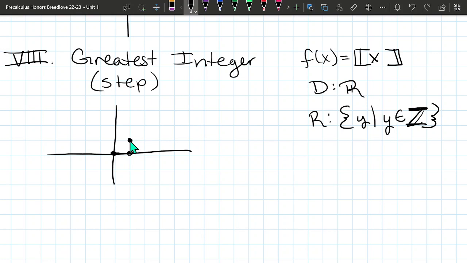And then when x is 1.1, 1.2, 1.3, all the way to 1.9, when you get to 2, you have an open dot. When x is 2, y is 2. But y's are only integers. No decimals, no fractions, nothing in between. Just integers.